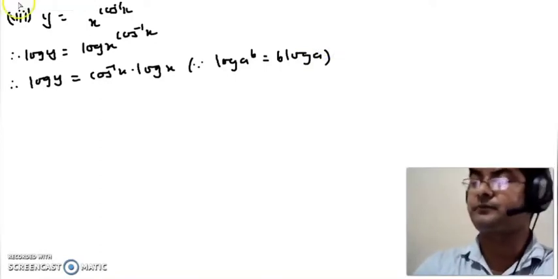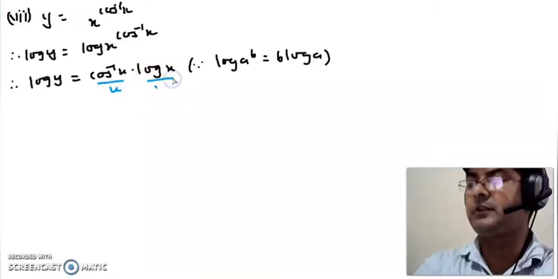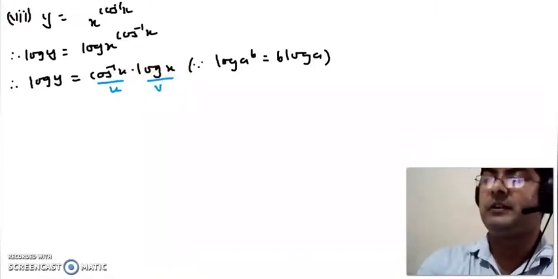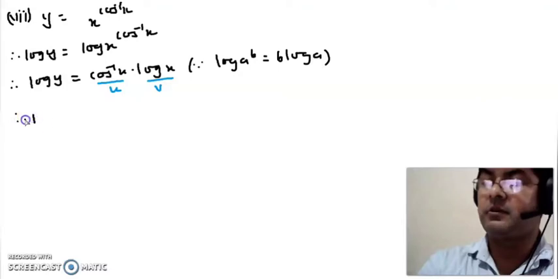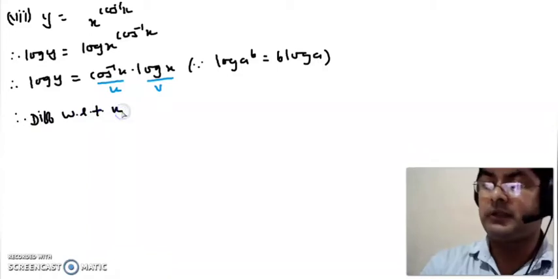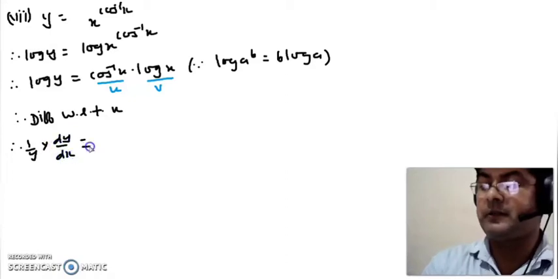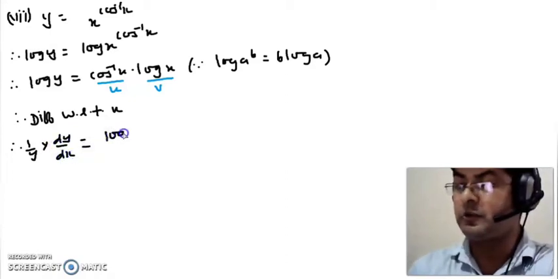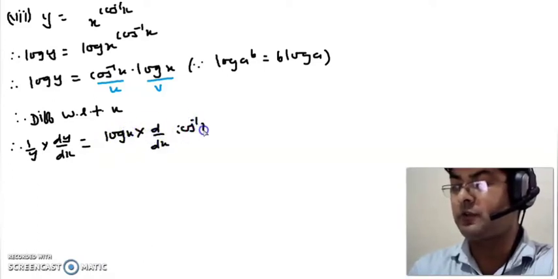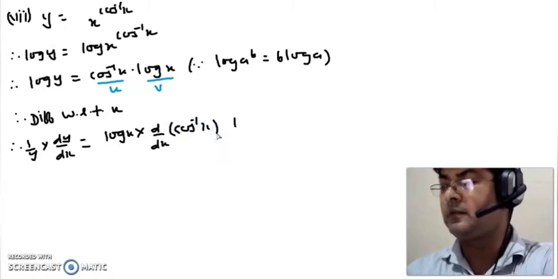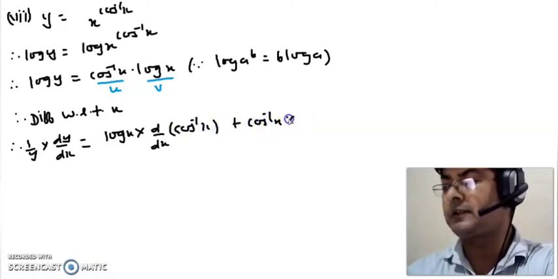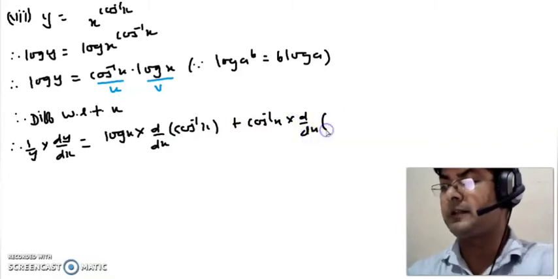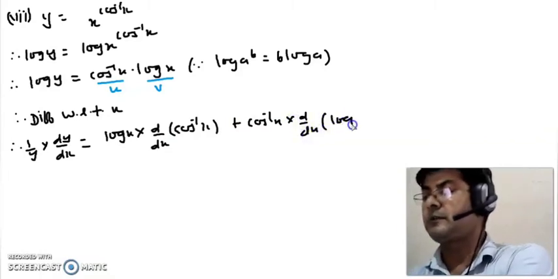Now cos inverse x as function u and log x as function v, and differentiating with respect to x. Therefore we have 1 by y into dy by dx is equals to log x as it is into d by dx of cos inverse x plus cos inverse x as it is into d by dx of log x.